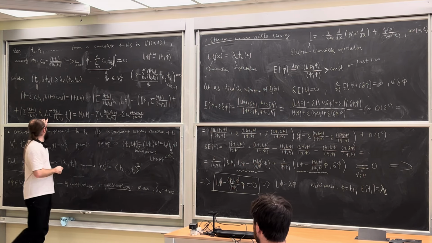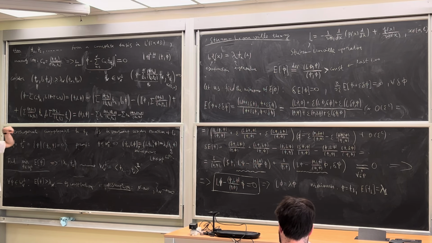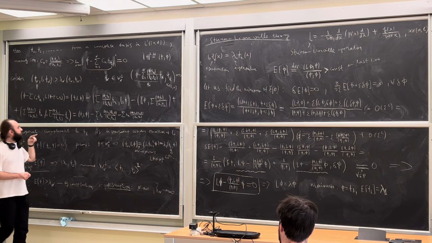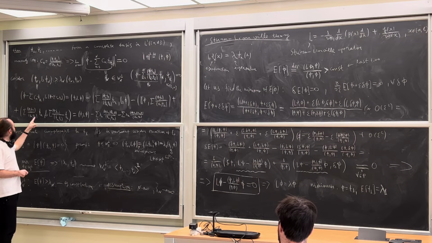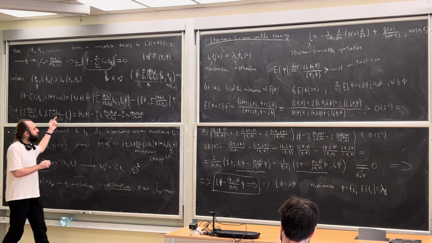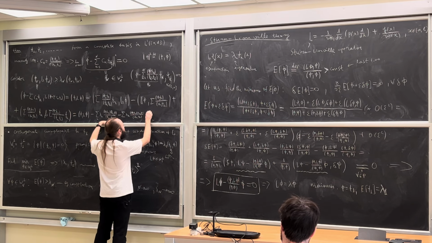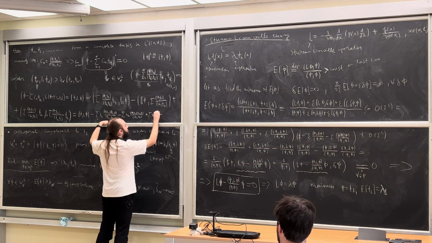And the last term, in principle, contains two sums, but these psi's are mutually orthogonal, so we'll have only one sum surviving. Actually, this guy will be conjugated, so it will give the same kind of expression.